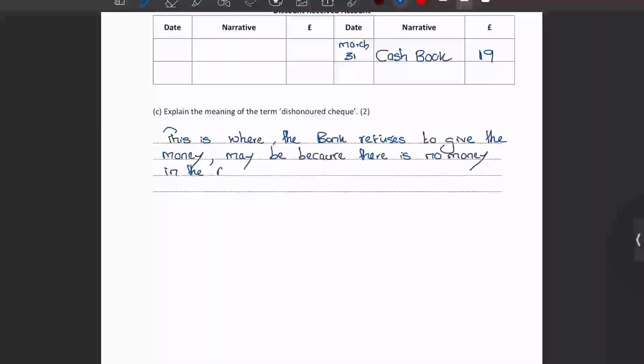Now will I get 2 marks? Yes, but I'm going to give you 1 additional point. Or due to an error in the check. This is where the bank refuses to give the money, maybe because there is no money in the account, or due to an error in the check.